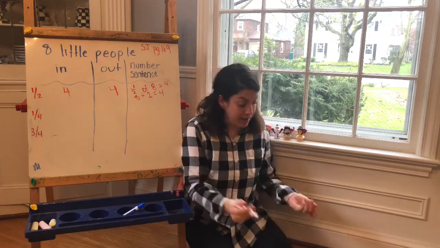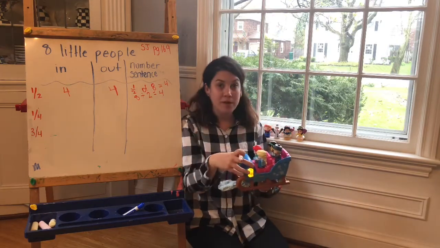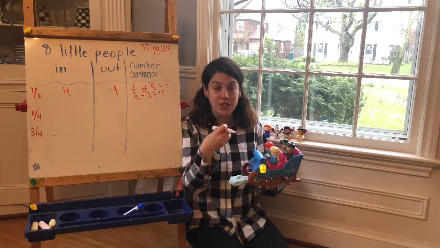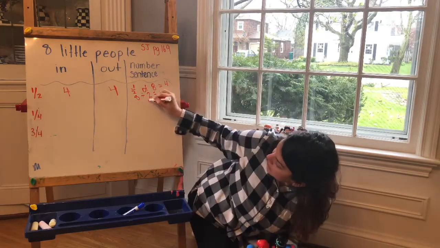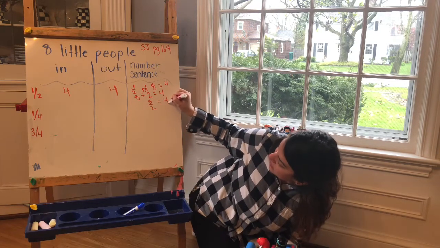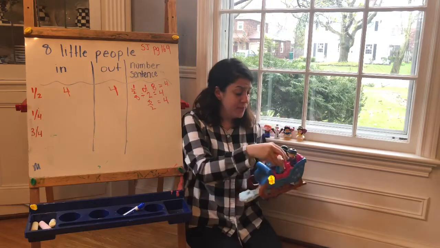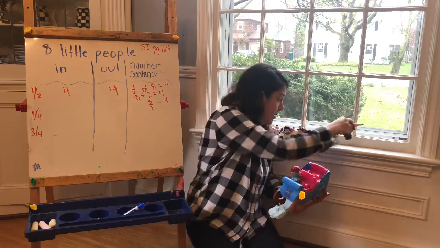And you're absolutely right, because I have 2 groups of 4. So if I were to split 8 by 2, it would be 4. Or in other words, 8 halves equals 4. Okay, so I'm gonna put these guys back up here on my windowsill.